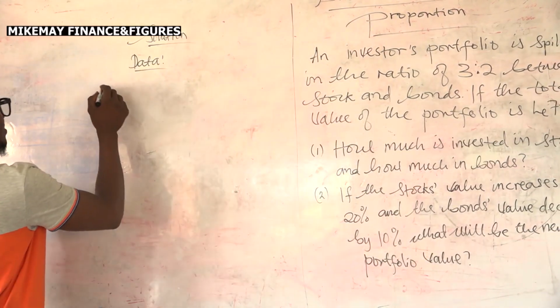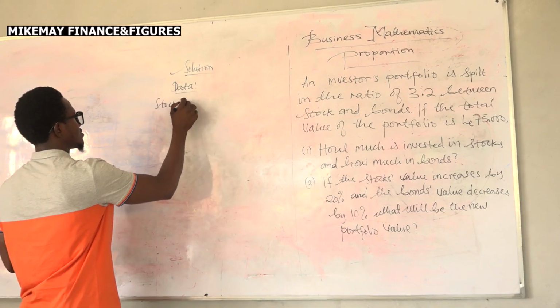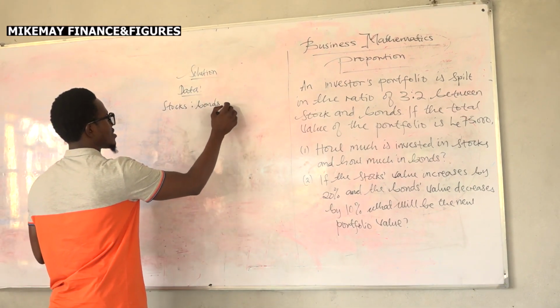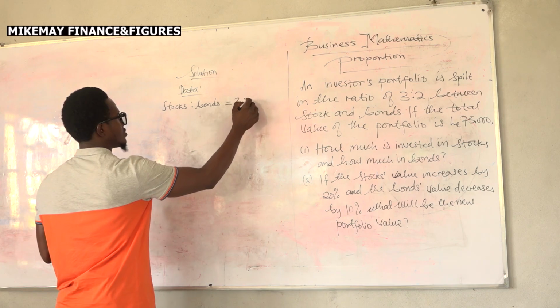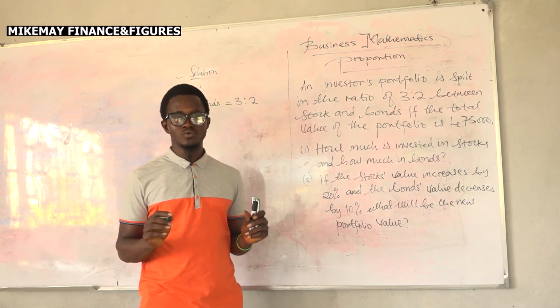So, can we say the ratio of stocks to bonds is 3:2? That's pretty cool. Is that not so?